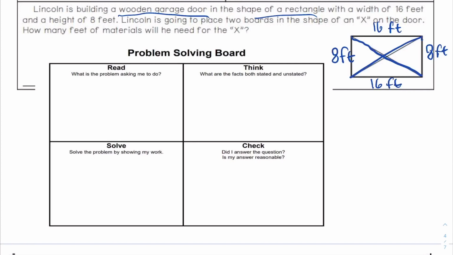What I'm saying is that this line, the length of the blue line, will be the same length as the red line going across. So if we just find the answer once, we can multiply it by 2 to find the total we need. So we need 2 diagonals, length.